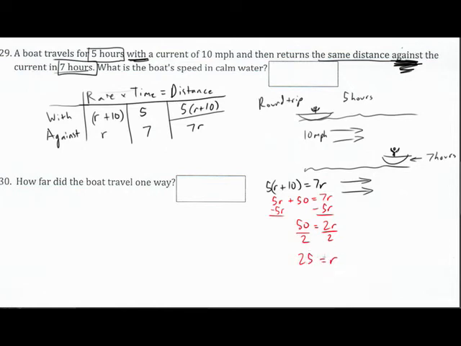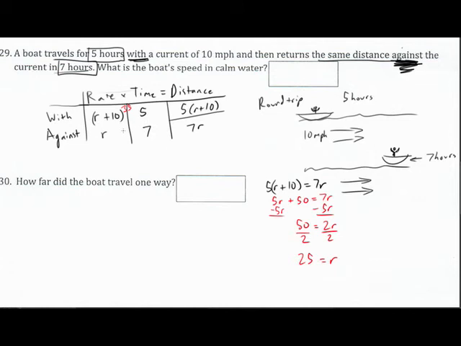So R is 25, but that is not my answer. I need to know what is the boat speed in calm water. Once I have this 25 equals R, I'm going to take this and plug it back in. So here would be 25 plus 10. So my answer would be 35 for how fast he's going with the current.